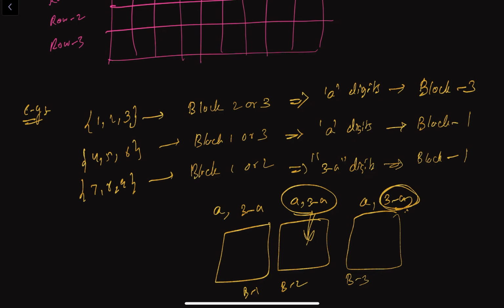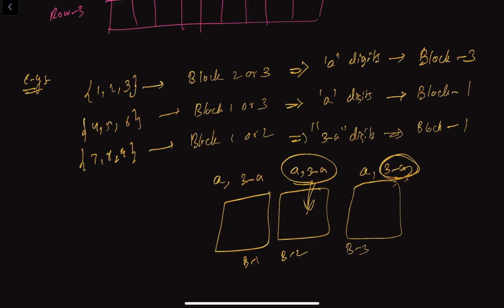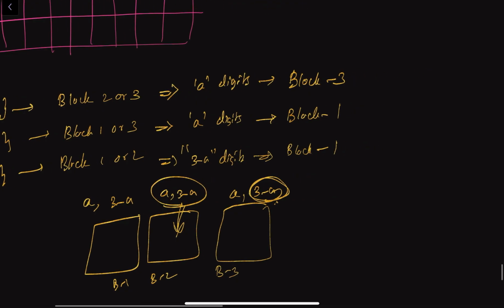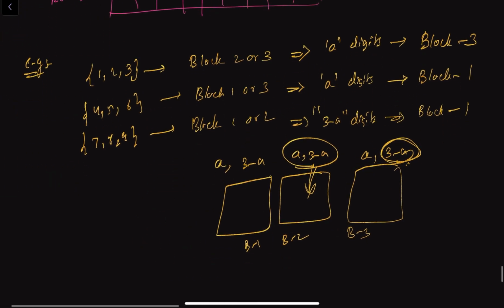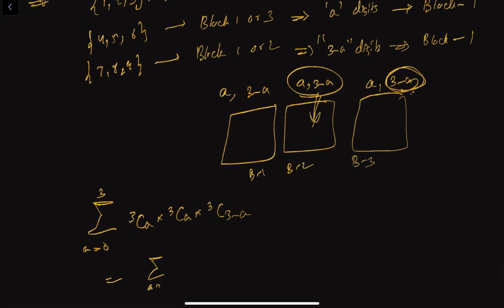I could also write B digits here, but in the end, if we compare for the third one, we get A equals B. That is one key thing we need to understand, because the blocks are related here. So the total set of choices will be the sum over A from 0 to 3 of 3 choose A into 3 choose A into 3 choose 3 minus A, which is just the sum over A equals 0 to 3 of 3 choose A whole cube.